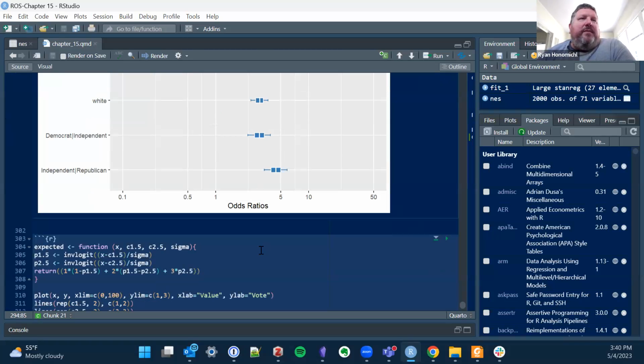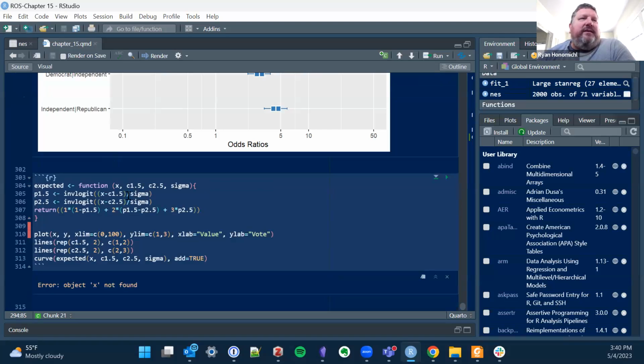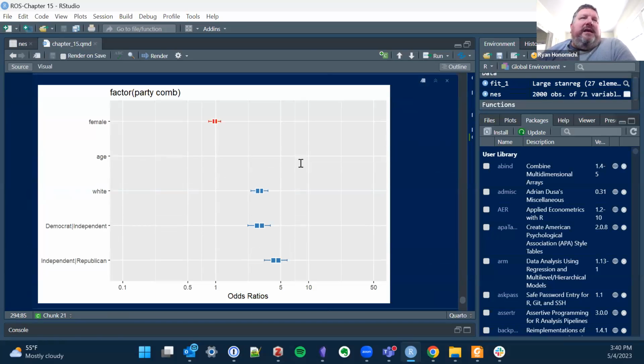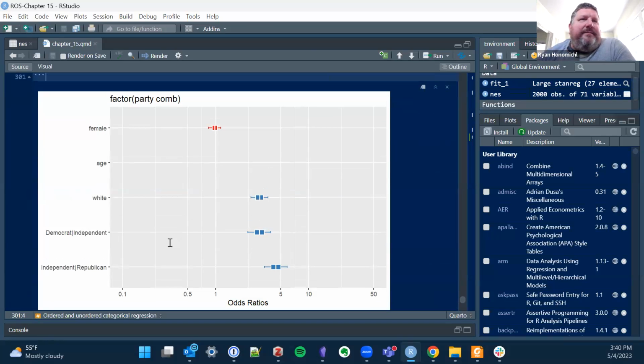But how to interpret this? I don't know. I started working with this from the book, but never got around to it. This confused the hell out of me.